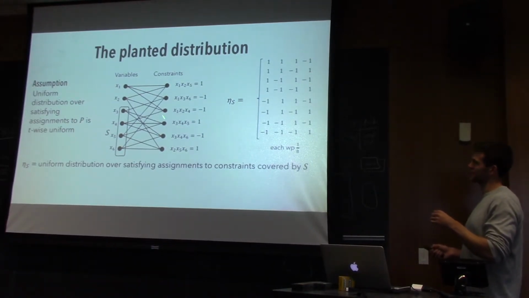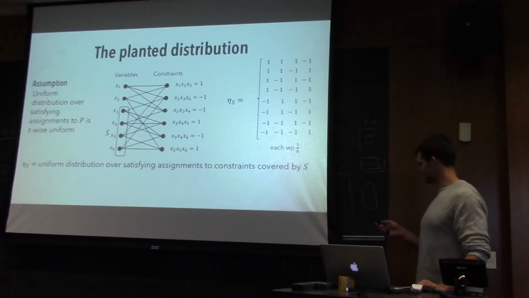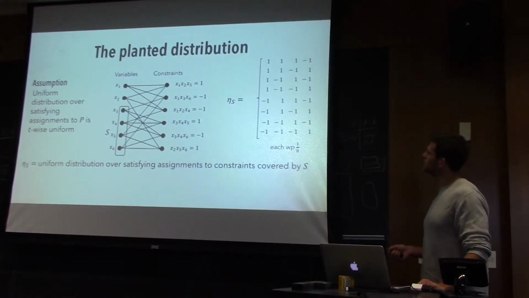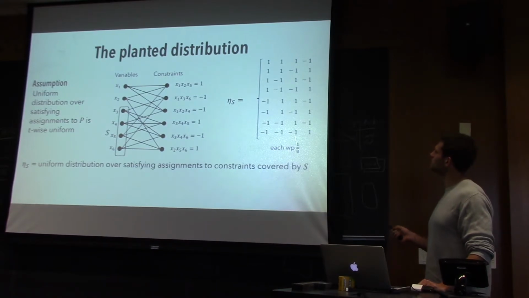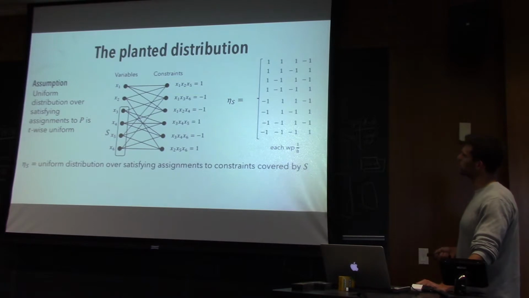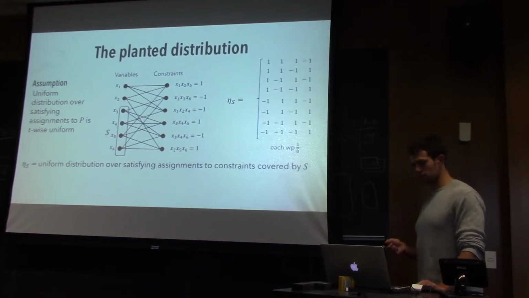So these are just XOR constraints, and the variables are now plus or minus 1. So this is an example here. Here are two constraints that are covered by the set of 4 variables S. And so then A_S becomes this thing here. Take each of these with probability 1/8. So this will satisfy both those constraints.